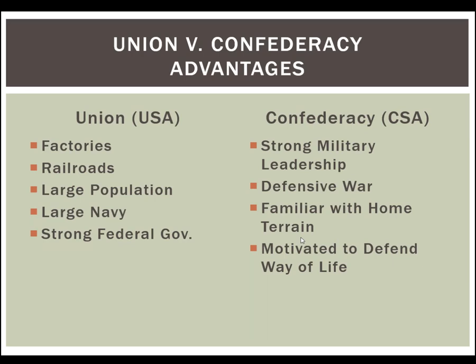Things like strong military leadership toward the beginning of the war meant for some early victories. The best example of this is General Robert E. Lee, who was such a good military commander that Abraham Lincoln actually asked him to lead the Union forces at the beginning of the war before Lee had been asked to lead the Confederate troops.